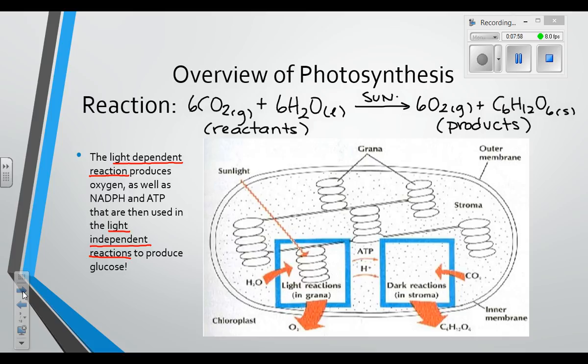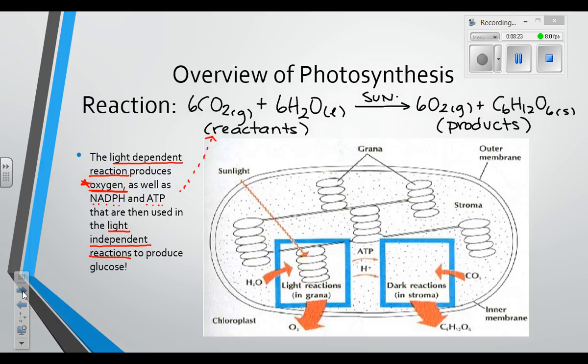Light-dependent. This is the part of photosynthesis that produces oxygen. It also produces NADPH and ATP. And if you look up here, they're not even part of the overall reaction. And so sometimes people forget that ATP is actually made in photosynthesis.